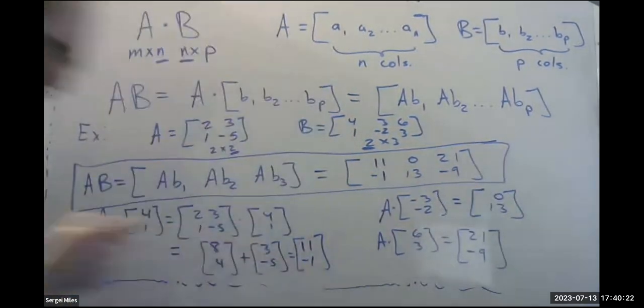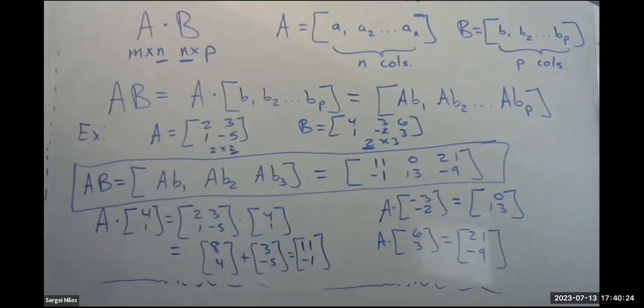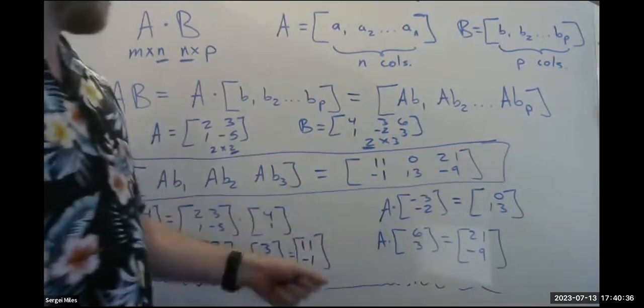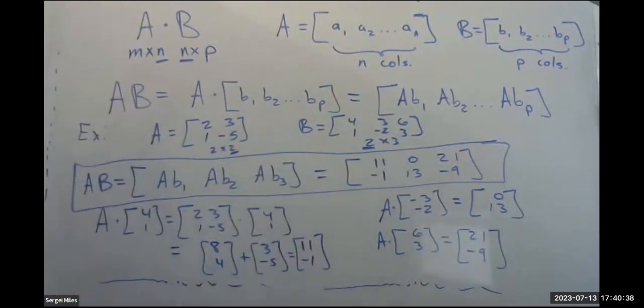Now, a couple comments. One, to do the matrix multiplication with this methodology, take matrix A and multiply it times the first column. Take matrix A, multiply it times the second column. Take matrix A, multiply it times the third column.